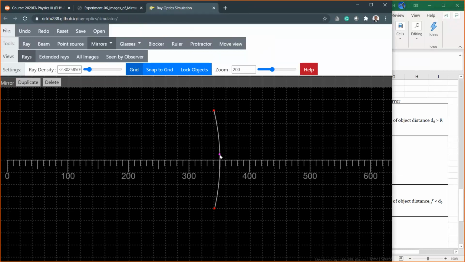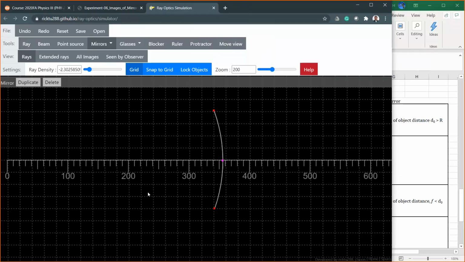Let's give a little bit of curvature, not much, and then click somewhere right here, exactly on this pink dot on top of the principal axis. Then our vertex point is that pink dot, exactly on top of the principal axis. Now we have the mirror.